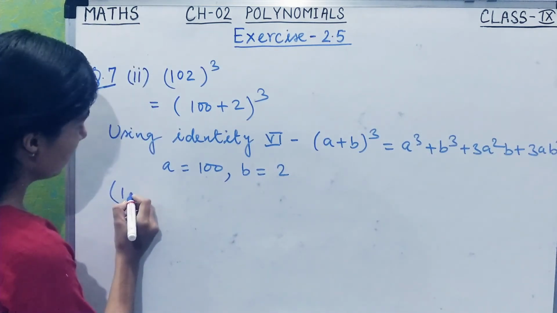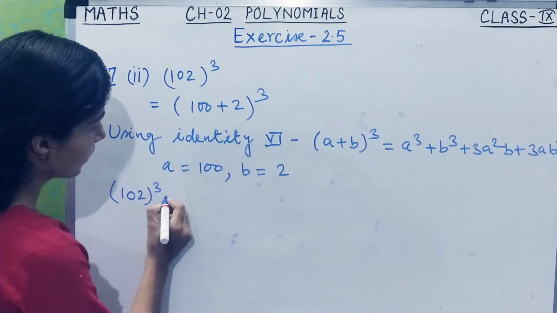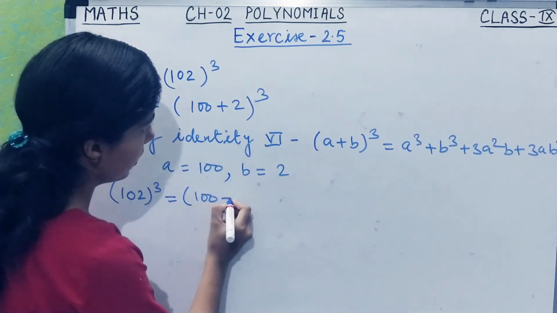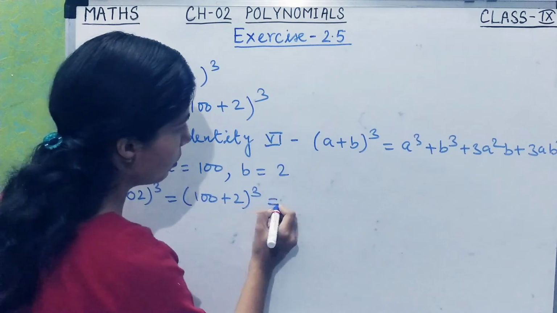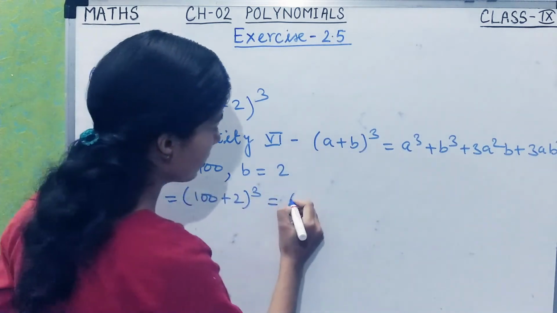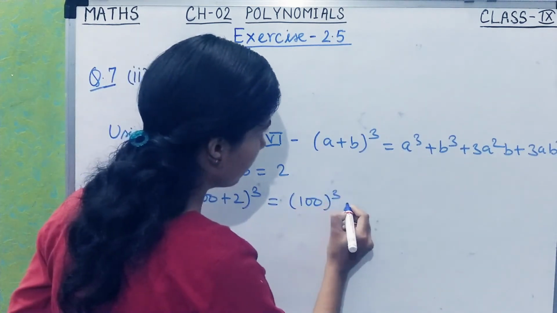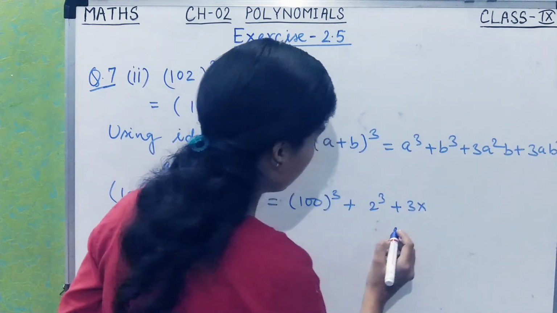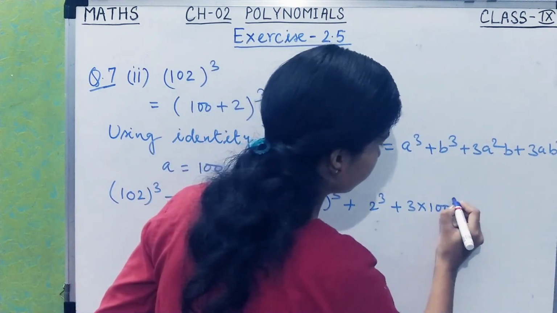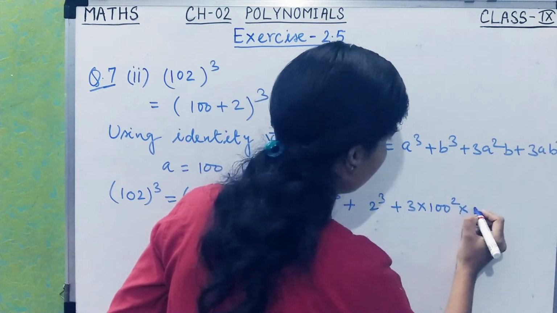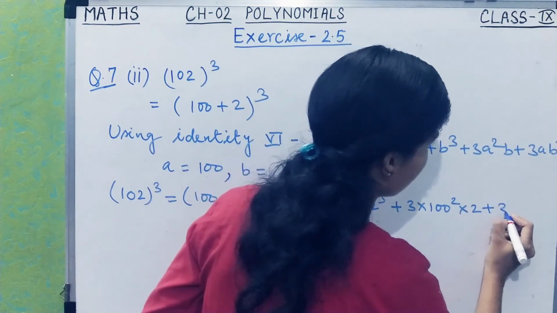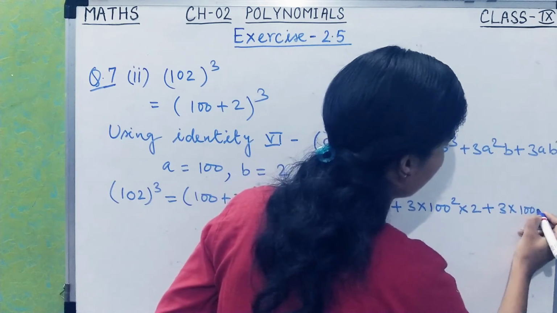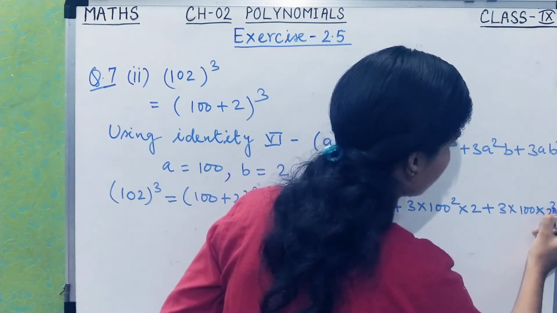Now we have to put these values in the expanded form of this identity so that we can get the final answer. So 102 cube is 100 plus 2 whole cube, that is equal to a cube means 100 cube, plus b cube means 2 cube, plus 3a square means 3 into 100 square into b, that is 2, plus 3 into 100 into 2 square.